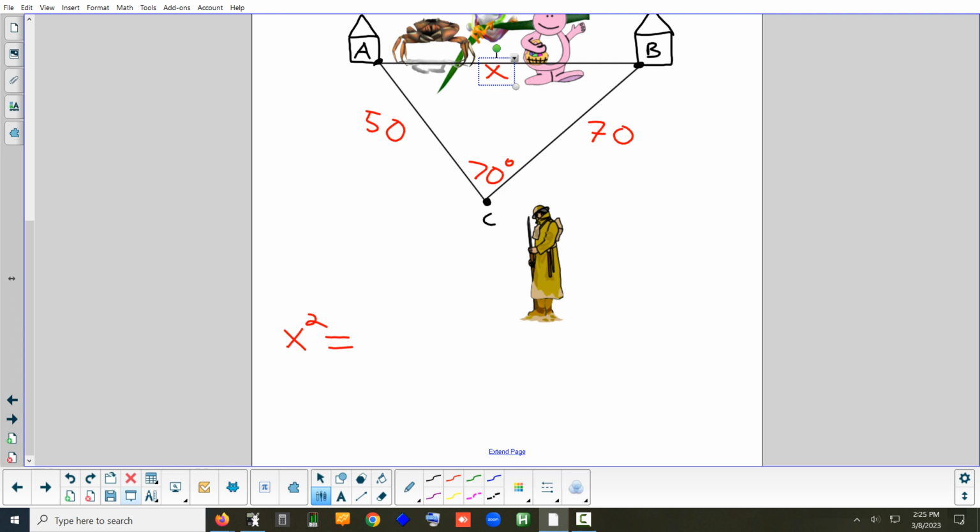X squared equals 50 squared plus 70 squared minus 2 times 50 times 70, and then you're going to put cos.